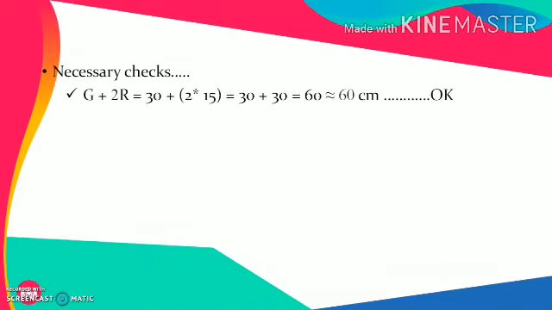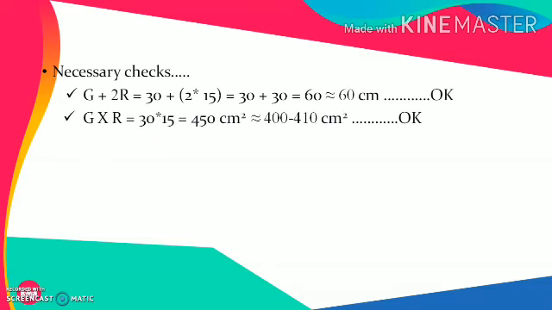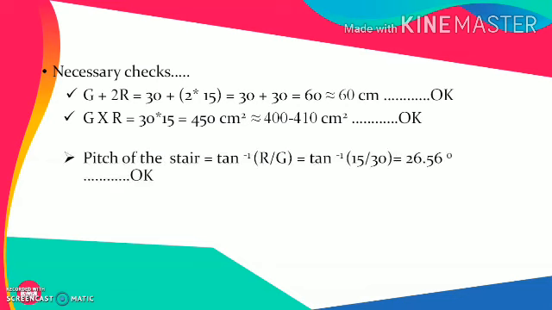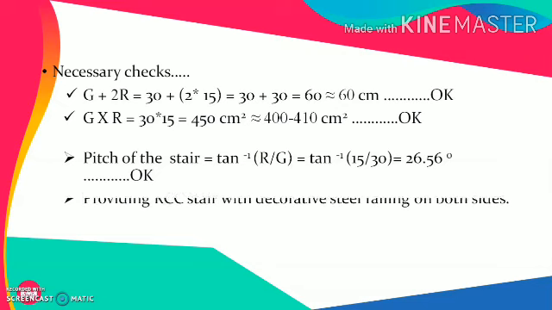Necessary checks. G plus 2R is 60 centimeter. G into R is once again 450 square centimeter, so it is approximately near the expected multiplication of 400 square centimeters. The pitch of the stair is 26.56 degrees and is acceptable.